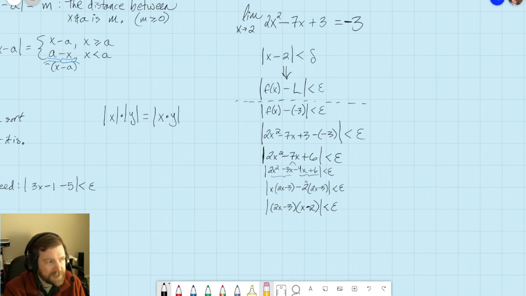So this is a positive value. As we take this out, because again, now we can separate these two things. We've got absolute value 2x minus 3 times absolute value x minus 2 is less than epsilon. We've got x minus 2 here, which is what we wanted all the way at the beginning. So now we divide both sides by 2x minus 3 absolute value still.